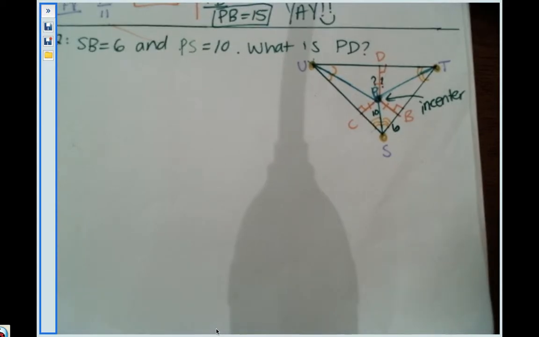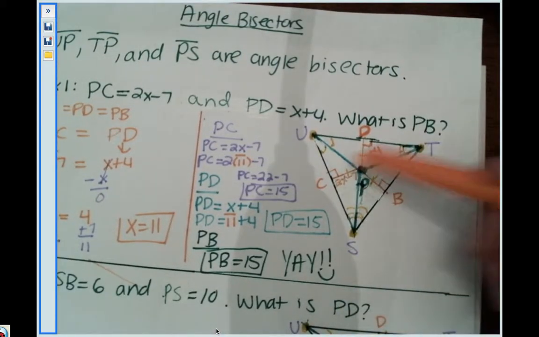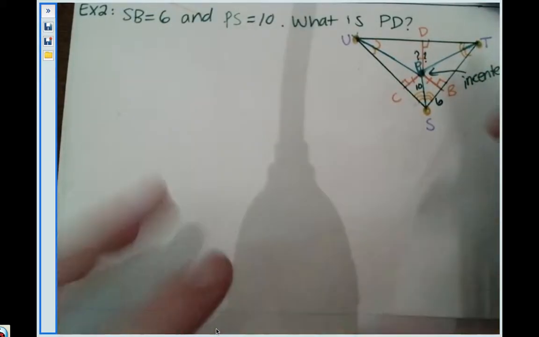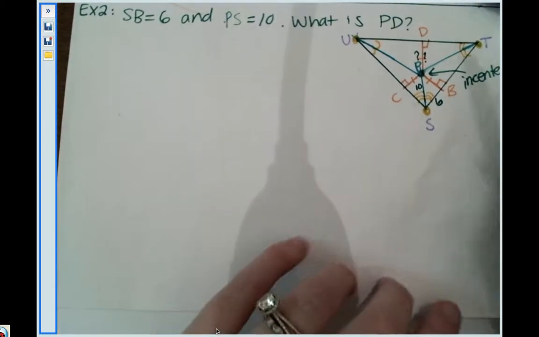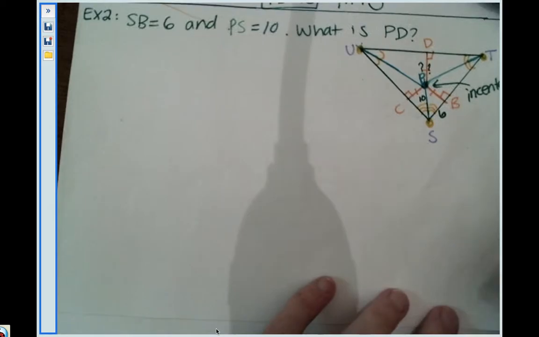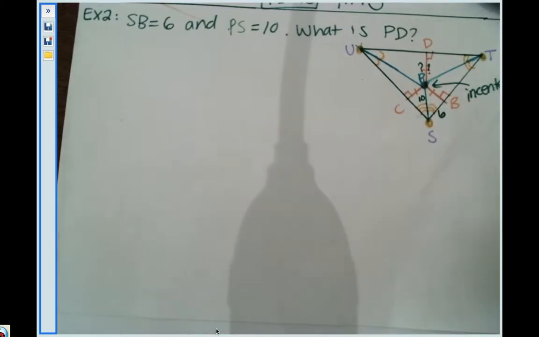In the last problem we did, we were given those segments, which helped us find the missing one. This time we're not, so we have to go further into the picture to find another way to get PD, because I don't know PD. I was given these two segments, which seem kind of random. Do you see a shape using these two sides that might help me solve?